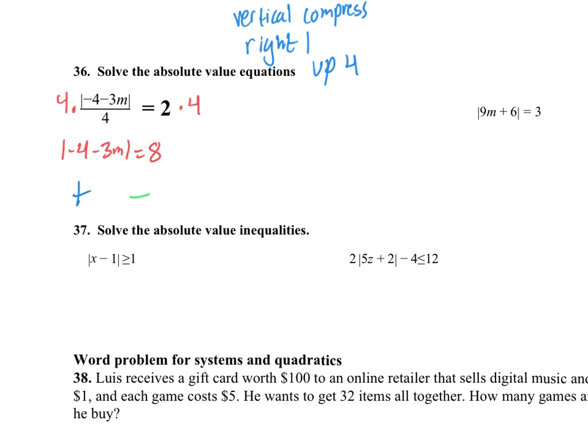In my positive equation, I'm just going to drop the absolute value and keep my 8 positive. My negative equation, I'm going to drop the absolute value, but then make my 8 negative. Then I'm just solving like it's an Algebra 1 problem. I'm going to add 4.